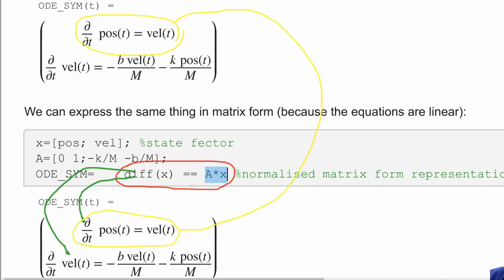And indeed, in the second equation we'll have the time derivative of velocity, I mean acceleration, and A times x will be, well, k times position divided by m, change sign, b times speed divided by m, change sign.